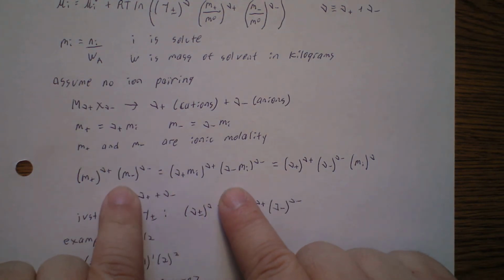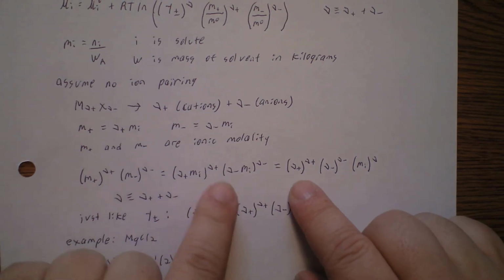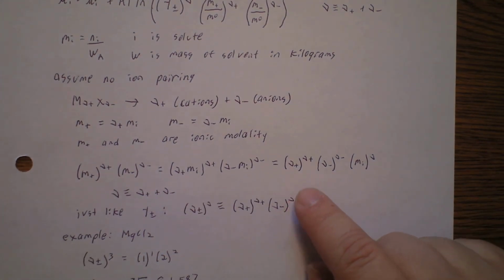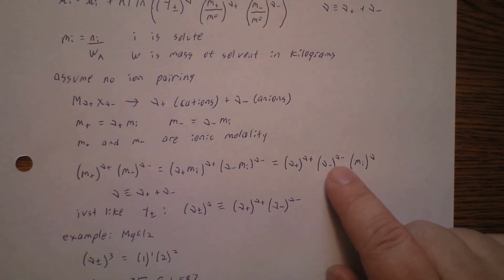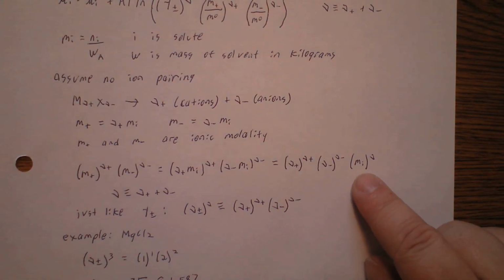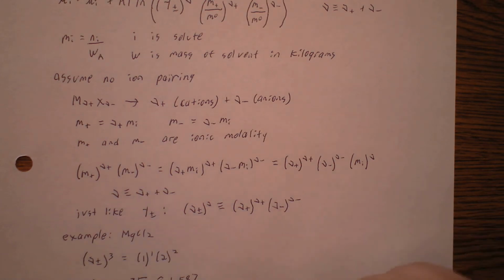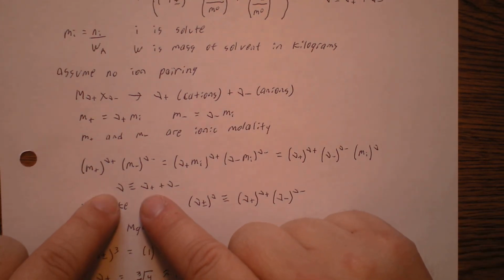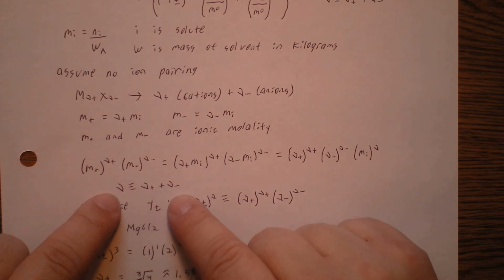See how we substituted that in. And then that's going to be equal to nu plus to the nu plus times nu minus to the nu minus times the molality of I to the nu. And remember, nu is defined as nu plus plus nu minus.